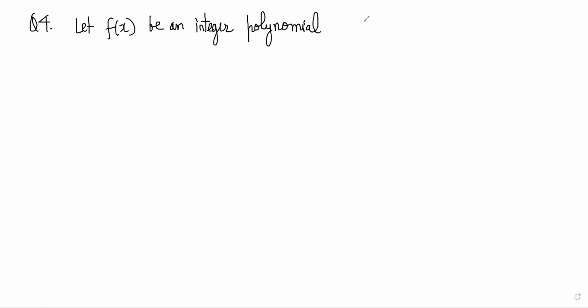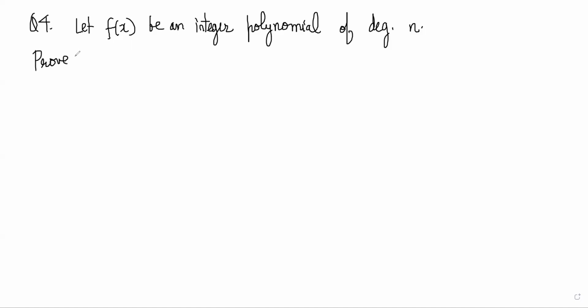Let's look at one last question. This says let f(x) be an integer polynomial of degree n.